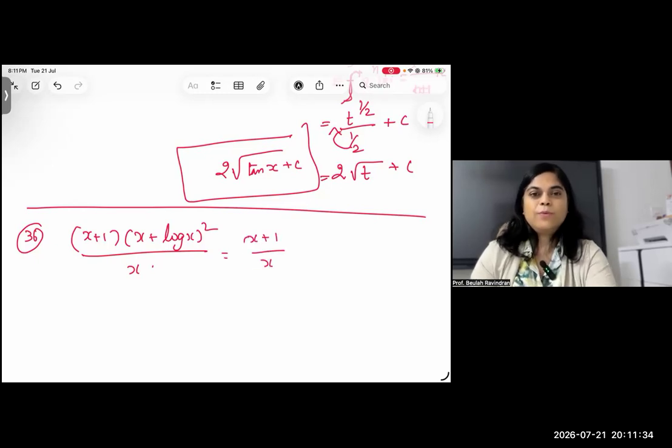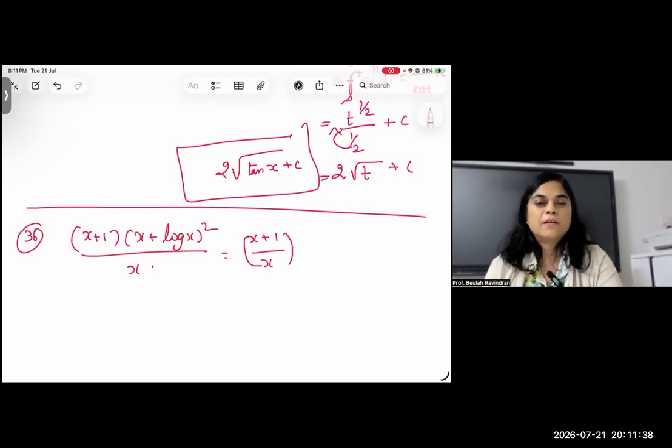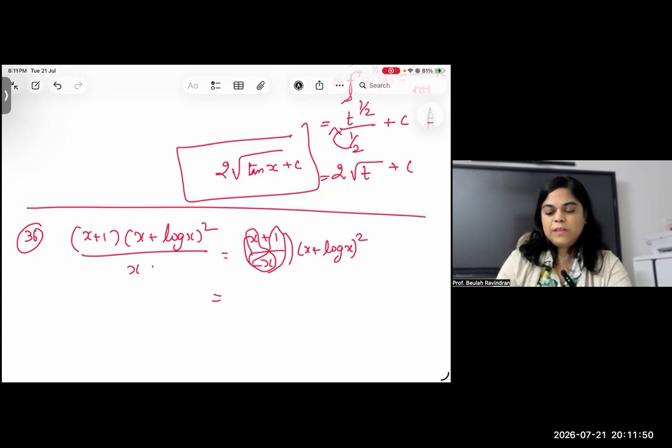Right now, students, you must imagine what I can transform this into. I can separate it as 1 plus 1 by x, and x plus log x whole square.